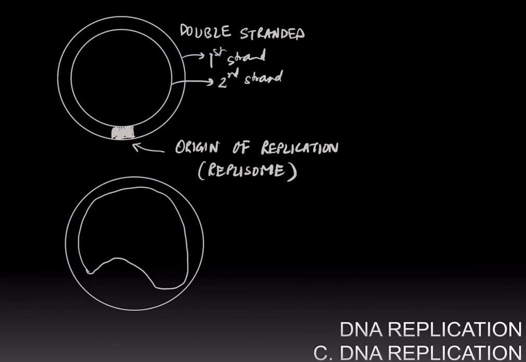You can imagine this unwinding process as sort of unzipping the double helix, and this unzipping of the double helix is going to simultaneously progress in both directions. And these locations where the unzipping is occurring are known as replication forks.